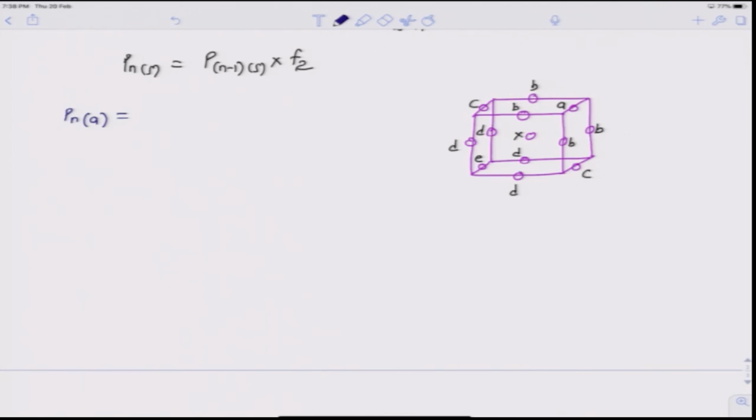So, this would be 4 times Pn minus 1 of B times F2.